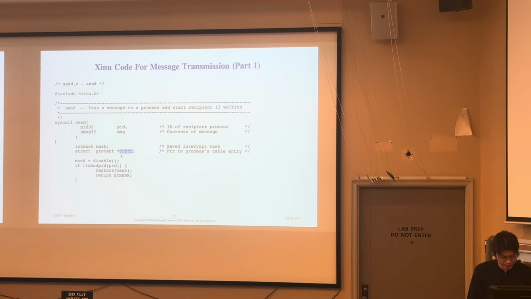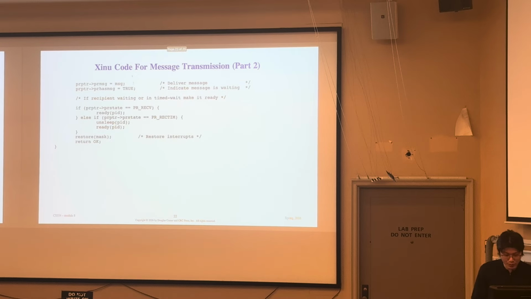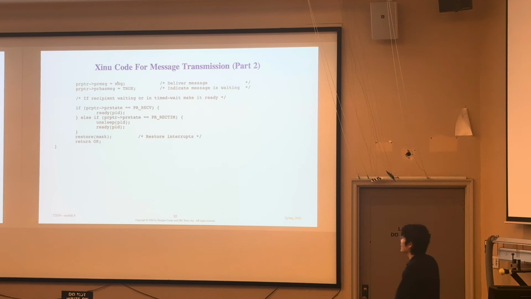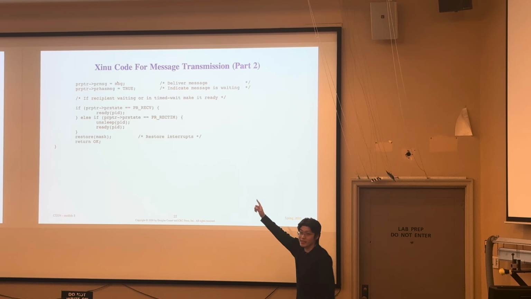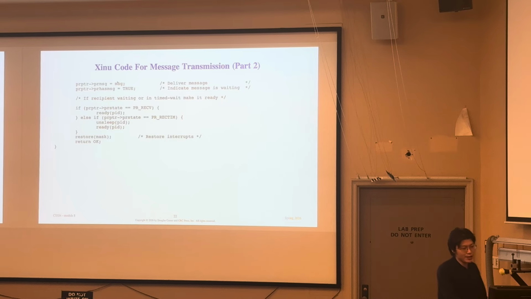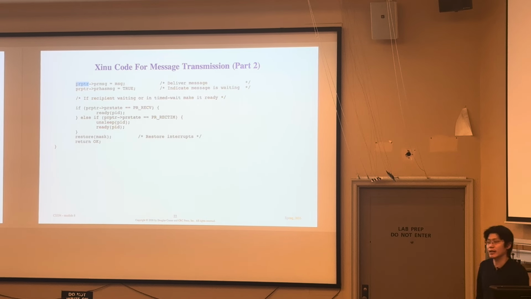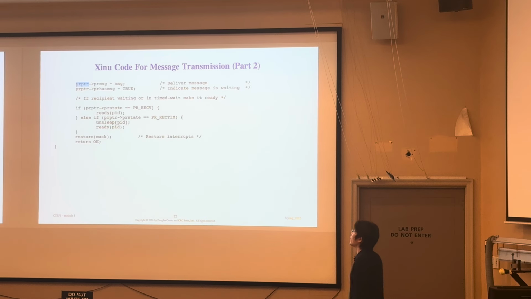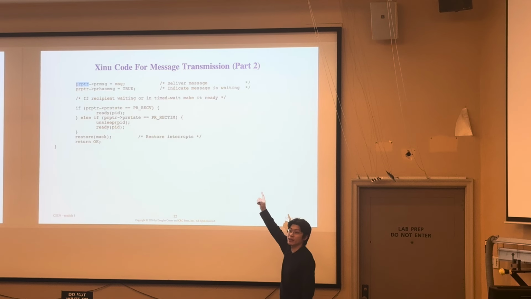One second. Yeah, I think we lost some code here. Probably need to look into the Xinu code. But this is this part. This PRPTR should be the process entry pointer for the receiving process.